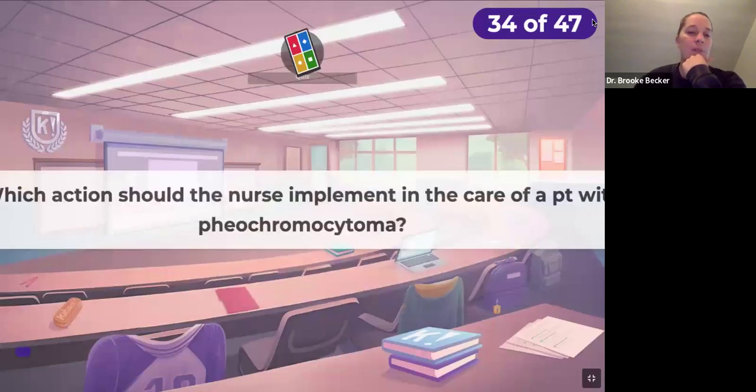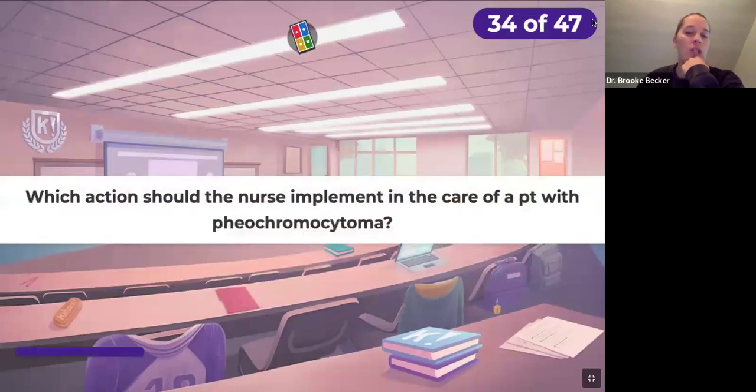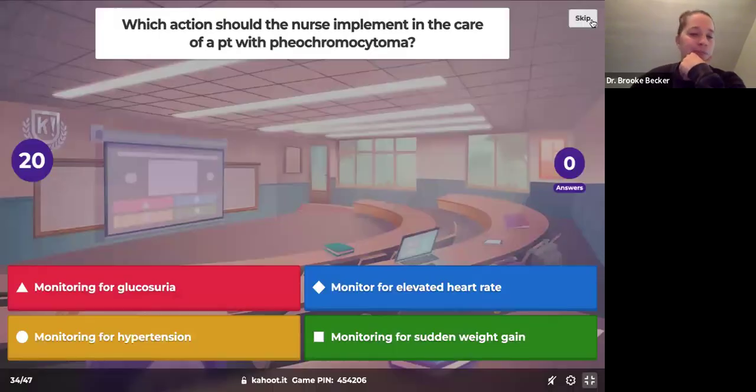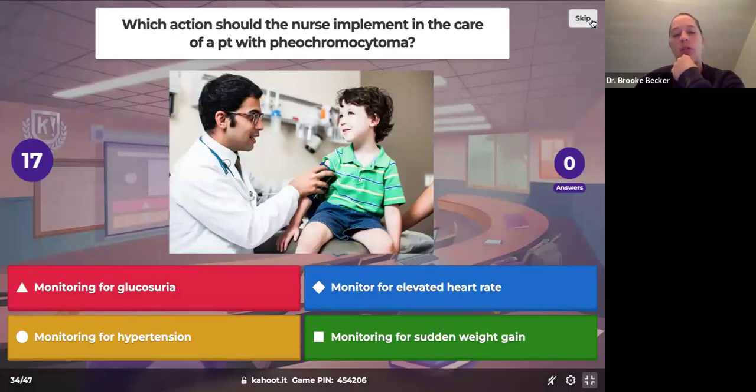Multiple select. Which action should the nurse implement in the care of a patient with pheochromocytoma? Monitoring glucosuria, monitoring for elevated heart rate, monitoring for hypertension, or monitoring for sudden weight gain.